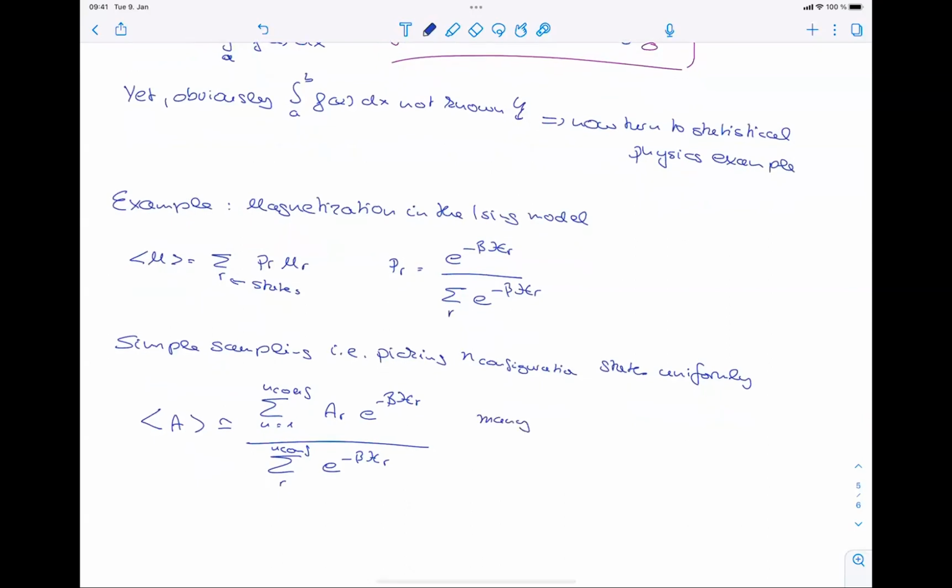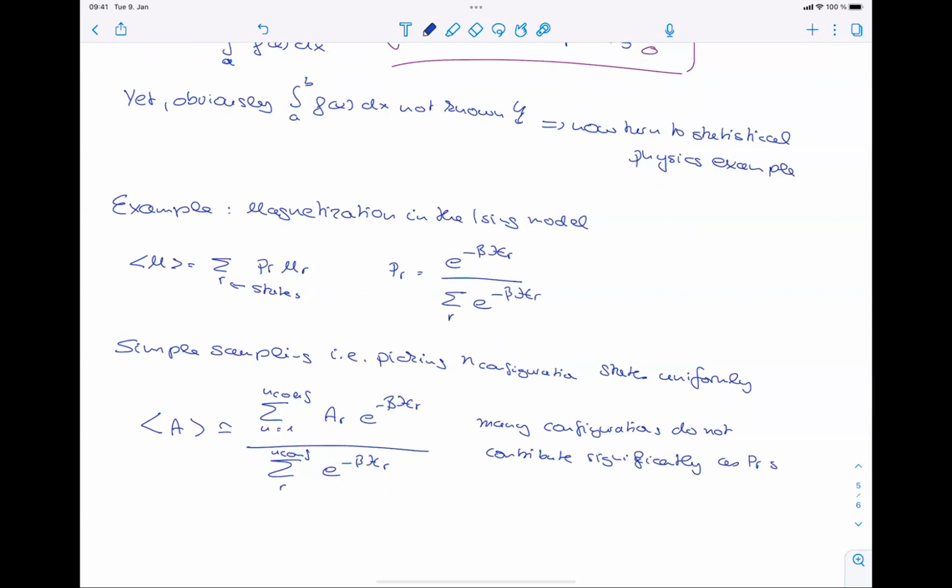And again, we have the same problem that many configurations do not contribute significantly as their P_Rs are small, right? P_R now being sampled with the Boltzmann factor. The probability of the contribution, the weight of a state, is now given by the Boltzmann factor.